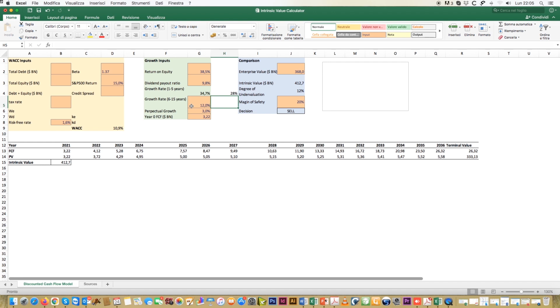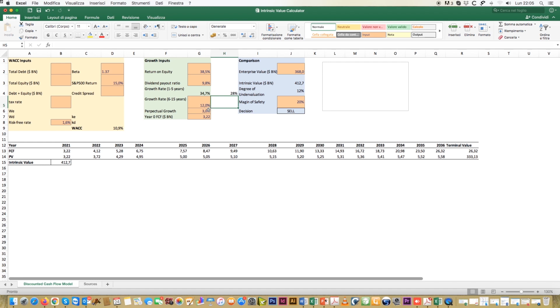And I want to remember that we're still considering the growth rate between 5 and 15 years from now to be at 12% on average each year, which is quite big. It's still quite big, and we wouldn't have enough undervaluation to see value in the stock.